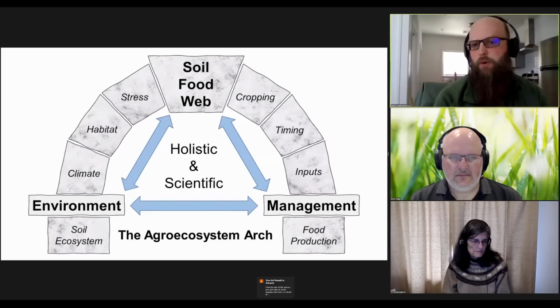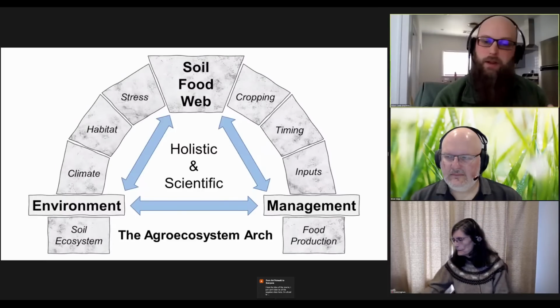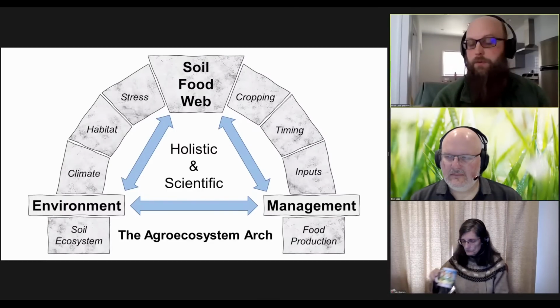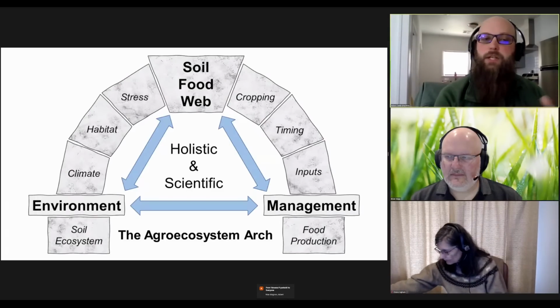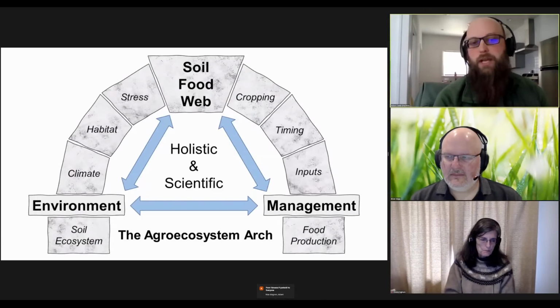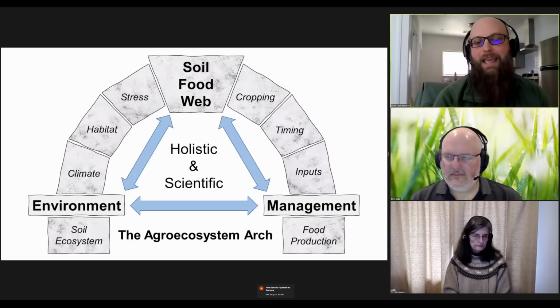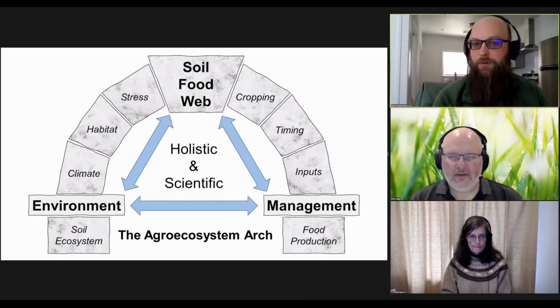What kind of crop we're growing, the timing of when we're doing different practices, how that food production system comes together economically, what kinds of breeding are happening with our crops, how we're managing the habitats and the stress and all of that. And for a long time, nobody was talking about the center of the arch, the keystone, until we had this emergence of the idea of the soil food web.